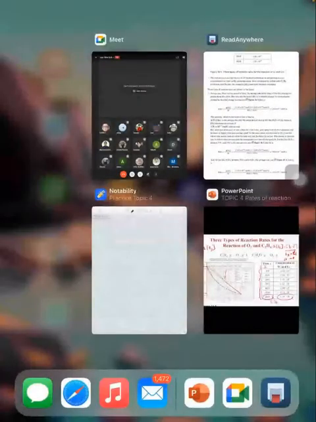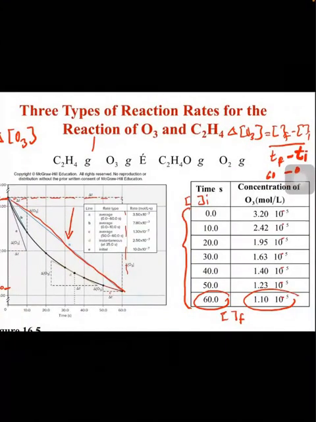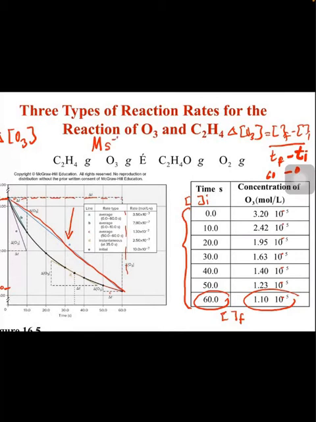Okay, MS negative 1. Yang mana M besar, S is the second. M ni adalah concentration, yang mana kita tahu formula dia adalah mole per liter. Mole per liter kan? Ini adalah M bahagi dengan second. So that's why unit dia adalah mole per liter per second.